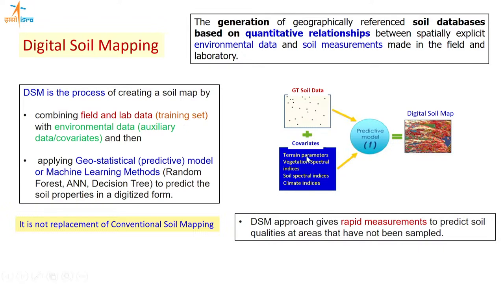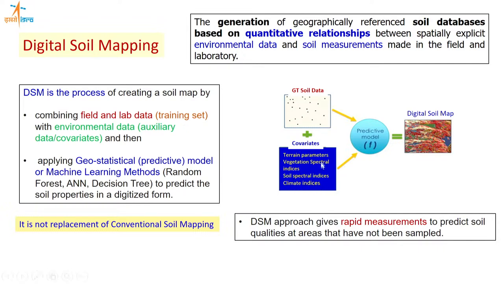And for your area, from remote sensing data and digital elevation model, you can generate various maps. For example, terrain parameter maps, vegetation spectral indices, several indices, soil spectral indices, climatic indices, climate data based indices.